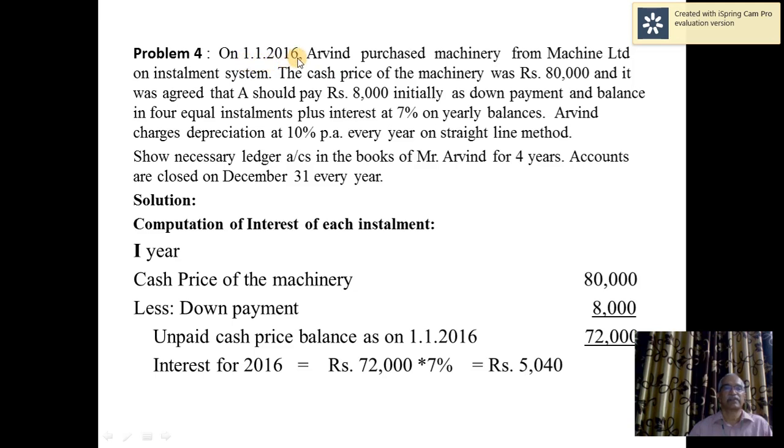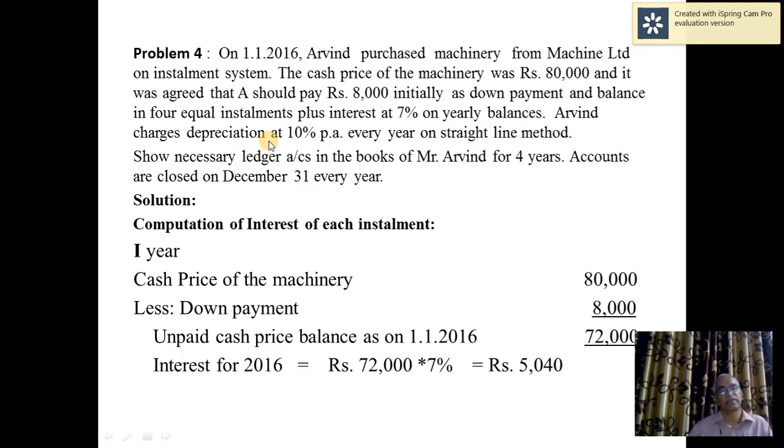On 1st January 2016, Arvind purchased machinery from Mission Limited on installment system. The cash price of the machinery was rupees 80,000, and it was agreed that Arvind should pay rupees 8,000 initially as down payment and the balance in 4 equal installments plus interest at 7% on yearly balances.